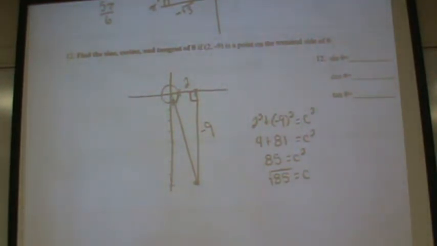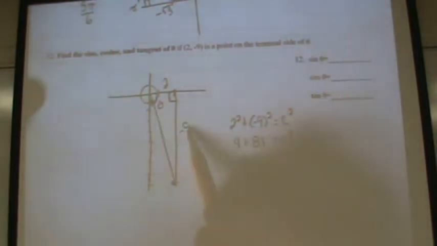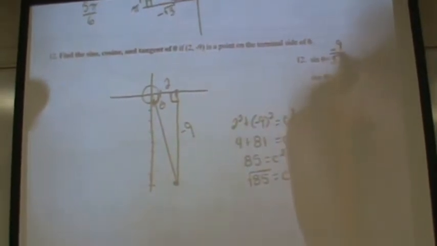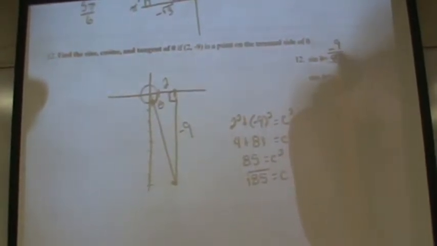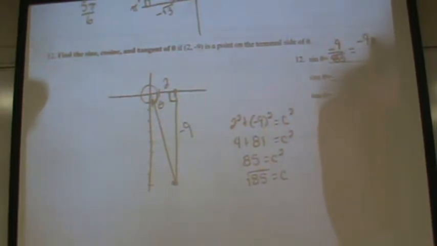So now you need to write your sine of theta, cosine of theta, and your tangent of theta. And again, this is your theta up here, this angle. So sine of theta, opposite over hypotenuse, which was what we just found. So you have negative 9 over root 85. And then again, rationalizing, you get negative 9 root 85 over 85.